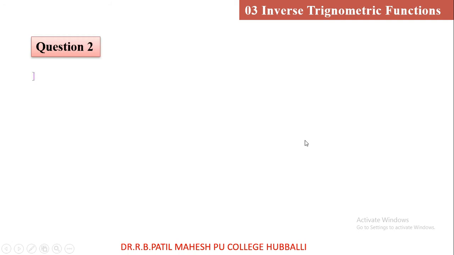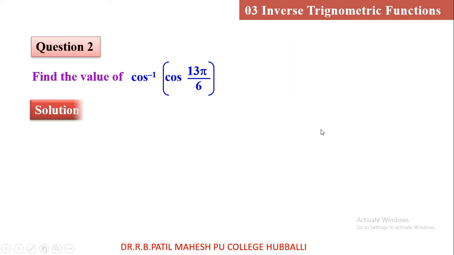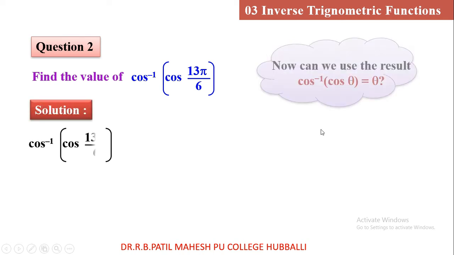Question number 2. Find the value of the expression cos inverse of cos 13 pi by 6. Dear students, here 13 pi by 6 is the value. Again you recall whether cos inverse of cos theta equal to theta holds good. Is it possible to remove cos inverse cos and write the answer 13 pi by 6?